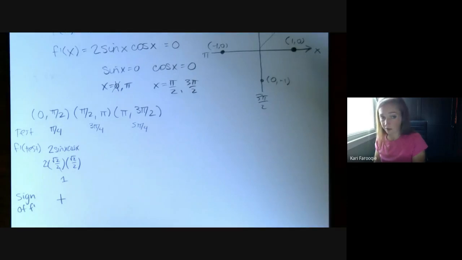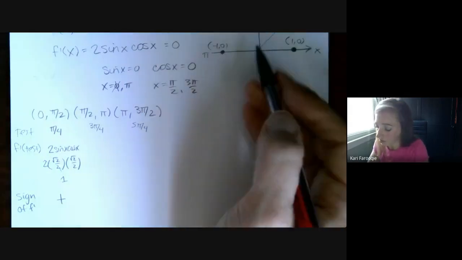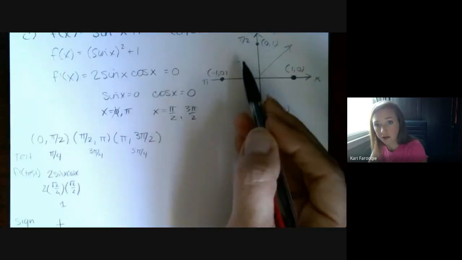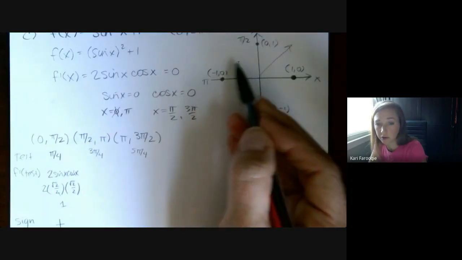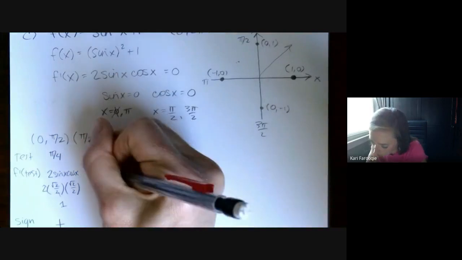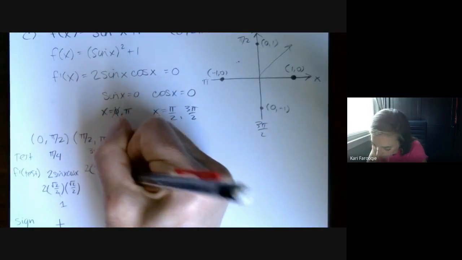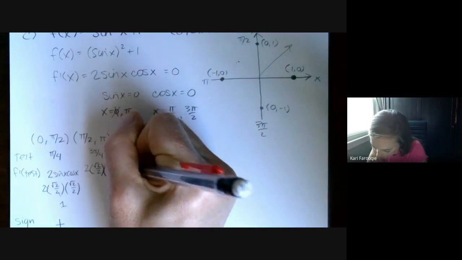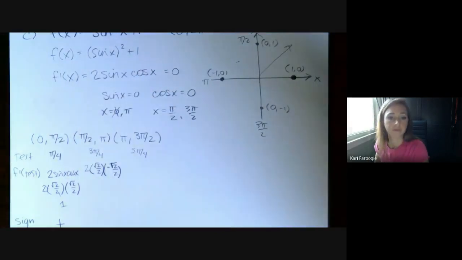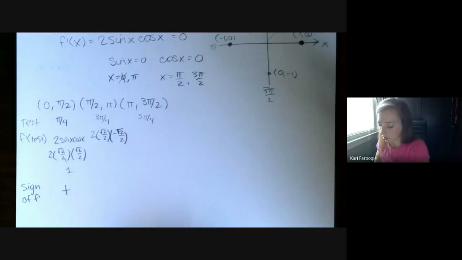Now, at 3 pi over 4, the sine is going to be positive, and the cosine is going to be negative, because remember, the cosine is the x value. So the sine is positive, the cosine is negative. I should have made my intervals a little bit bigger here.